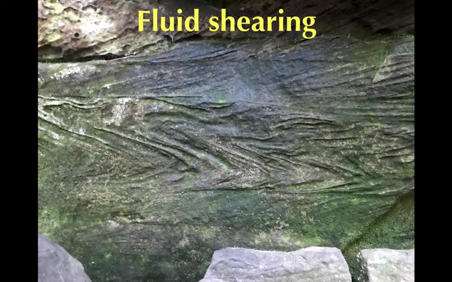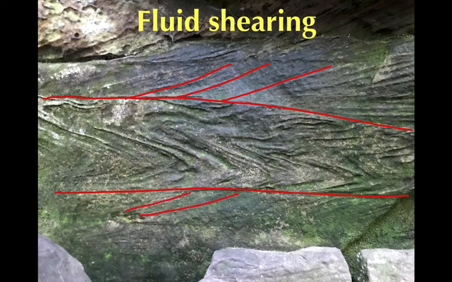Water mixed with sediment forms a dense fluid that, if it's moving, is capable of deforming the sediment beneath it. So here we have two horizontal layers, cross-bedding above, cross-bedding below. And in between them are sets of cross-beds that have pretty clearly undergone deformation.